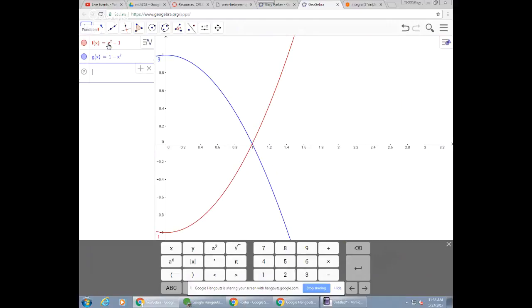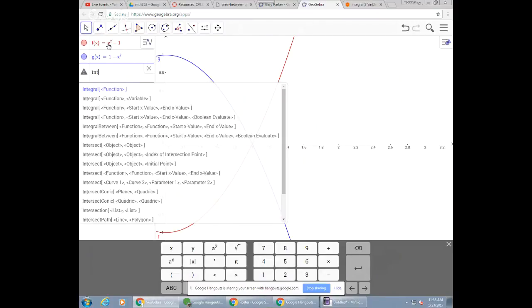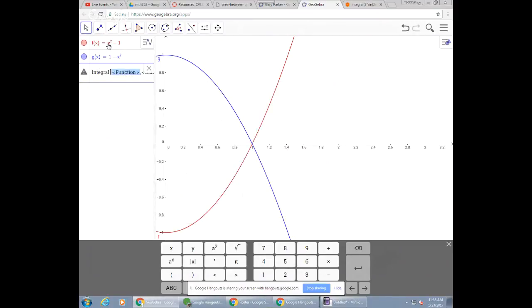And then we want to find the integral of g minus f. And I think GeoGebra will understand that. From -1 to 1. Ooh. Oh, okay. Interesting. I wonder if there's a way to get it to shade the right area. And it gets 2.67, which to 2 decimal places is what we have.